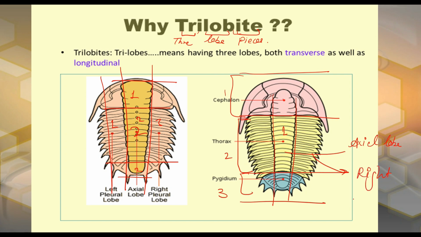So here, this is the right lateral lobe, and this is the left lateral lobe, right? So they are actually divided longitudinally into 3 pieces. 1, 2, 3. So that's why trilobita. I guess you guys understand.